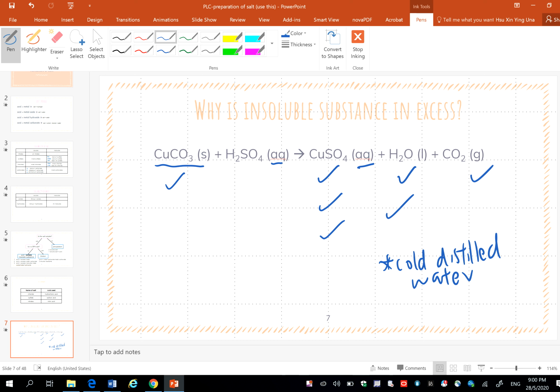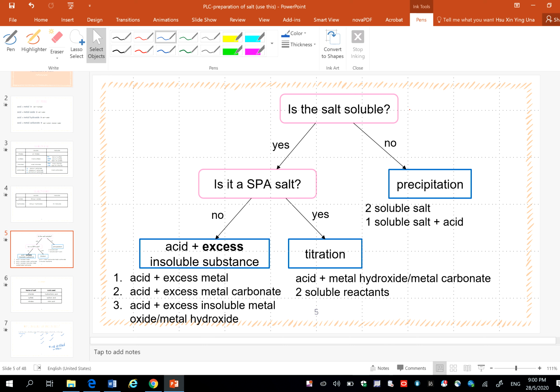For acid reactions, we either use acid plus metal, or acid plus metal hydroxide, metal oxide, or acid plus metal carbonate. So that's why these are the suggested reactants. But please take note of 3 special cases of these metals. These metals are copper, silver, and gold.